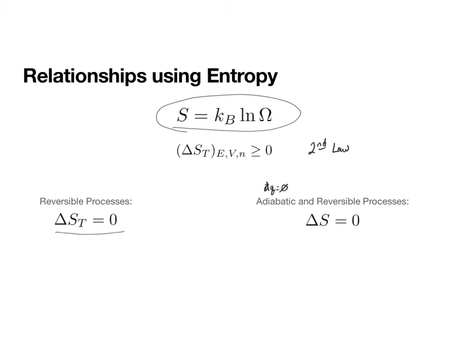They're well defined. Remember, we're moving slow enough that we are never out of equilibrium. Adiabatic processes are not necessarily at equilibrium. But whenever we have an adiabatic and reversible process, then we can know a lot about our system because our entropy change is 0.